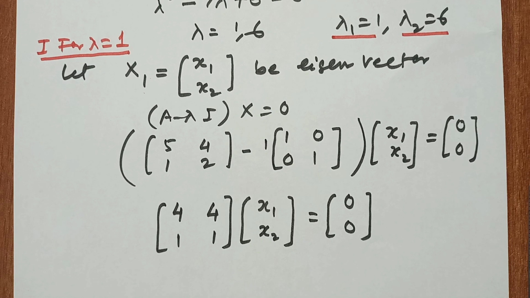It is easy to see that the number of rows is 2, but these are linearly dependent. So the number of independent rows is 1, which means the rank of this matrix is 1.